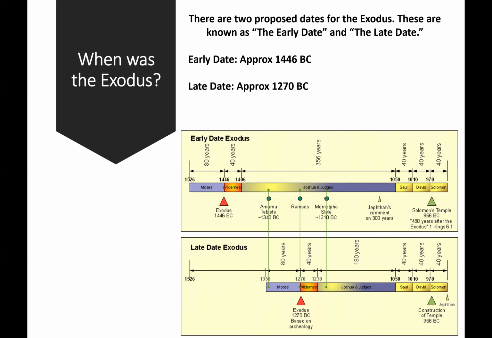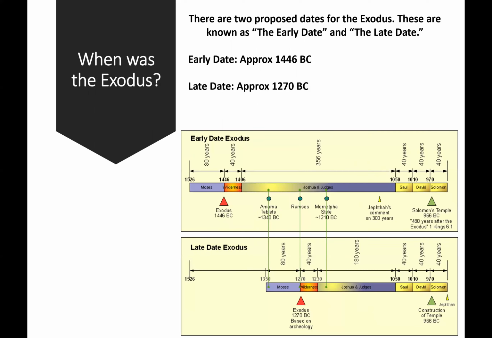There are several things that you can make a case for, for both the early date and the late date, and I think there are strong cases on both accounts. But there are some things that are unclear. For instance, we see Ramses here. We're not sure necessarily which Ramses is referred to in the Bible, and that can create some confusion.